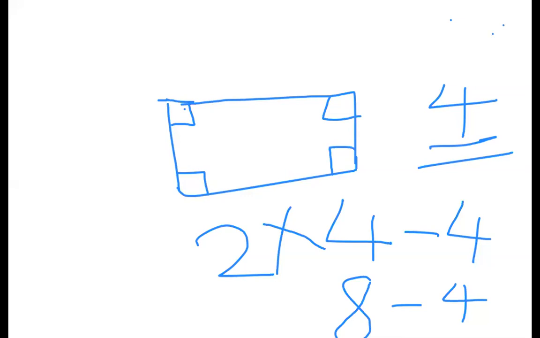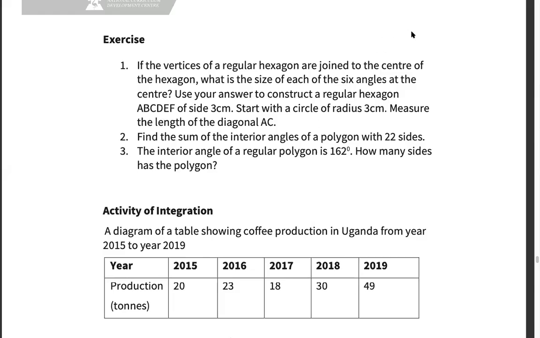Teacher, I just had a question. Finding the number of sides, the last exercise, number 3. When you use interior angle sum divided by interior angle, it doesn't give an appropriate answer.